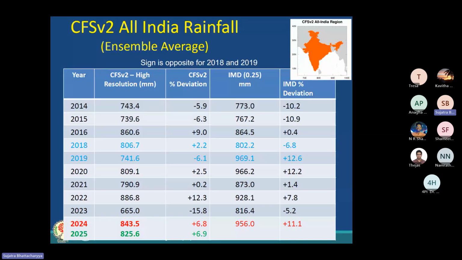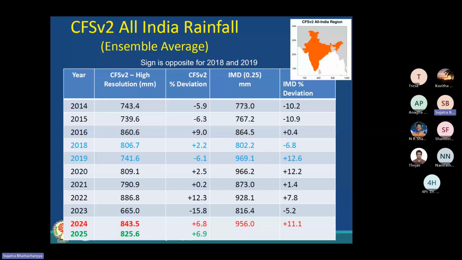For 18 and 19, compared with the corresponding IMD observation, the sign is opposite in this model. In these 2 years the model couldn't capture, whereas in all the other years the model is able to get the sign correctly. And last year the model was showing about plus 6.8, but actually it was more than 11%.